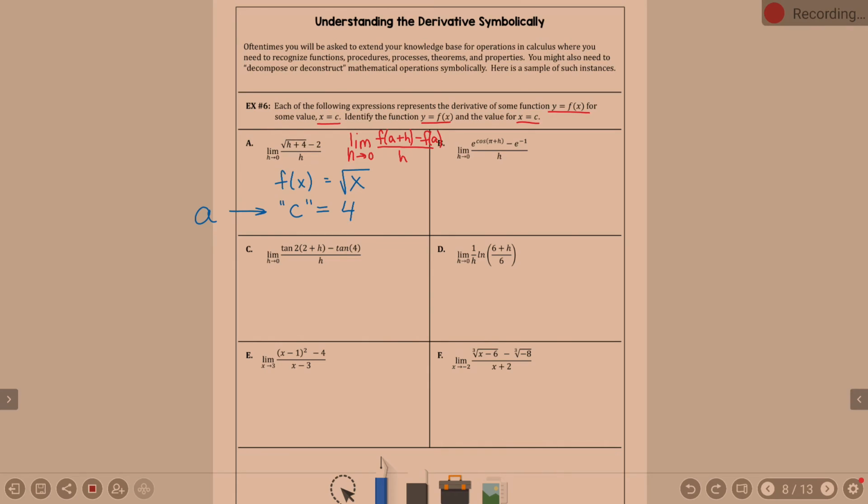The square root of a plus h is the first piece. So h is there, 4 is representing my a value. And then it's going to be minus f of a. So that's going to be minus the square root, but what number do I put in the square root? 4, and the square root of 4 is 2.